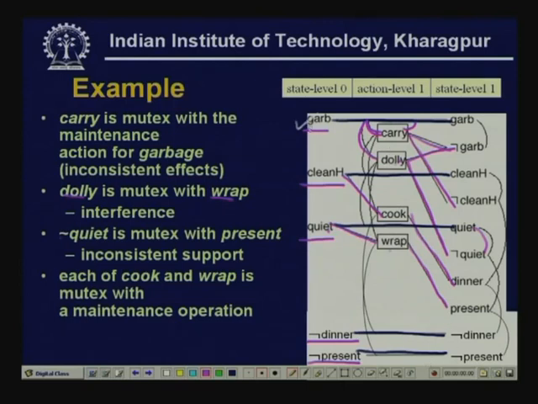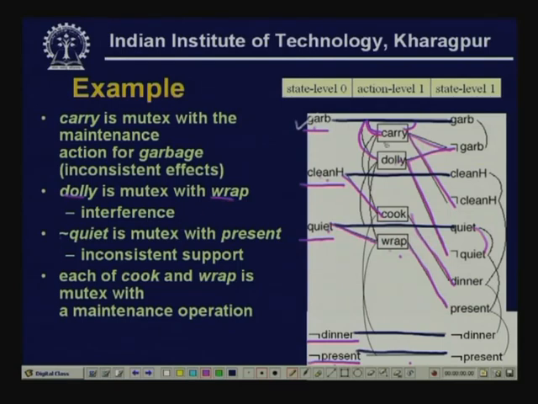So, we start with the initial state garbage, clean hands, quiet, no dinner, no present. And these are the 4 possible actions: carry, dolly, cook, wrap, and these are the maintenance actions. And then we find all the mutex relations between these actions according to the 3 rules that we have looked at.